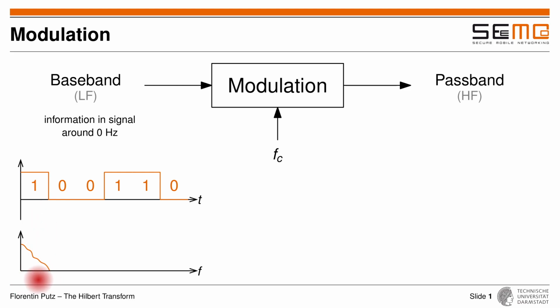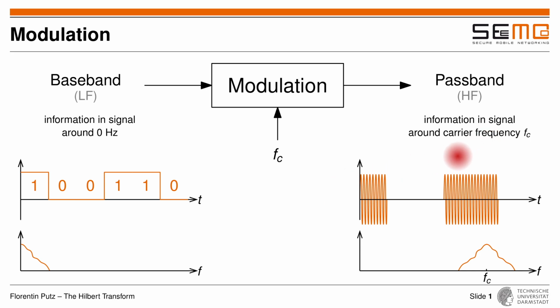This is what characterizes a baseband signal, that the whole frequency content of the signal is at the low frequencies near 0 Hertz. And if we actually want to transmit the signal, we modulate this baseband signal onto a carrier wave and we receive a passband signal. And this signal will have all frequencies close to the carrier frequency of Fc.